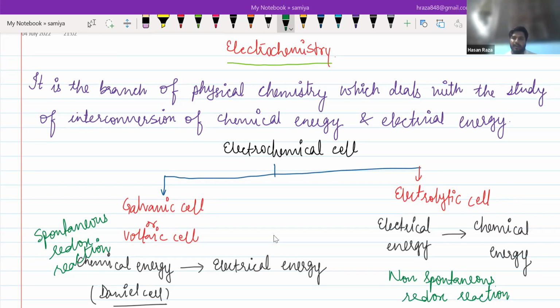In galvanic cell, there will be a spontaneous redox reaction which will be used to convert chemical energy into electrical energy. But in electrolytic cell, electrical energy will be converted into chemical energy with the help of a non-spontaneous redox reaction. So please write it and let me know.